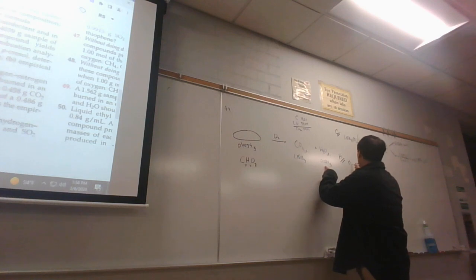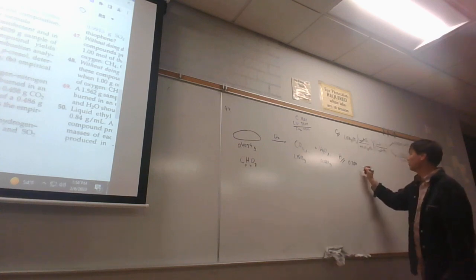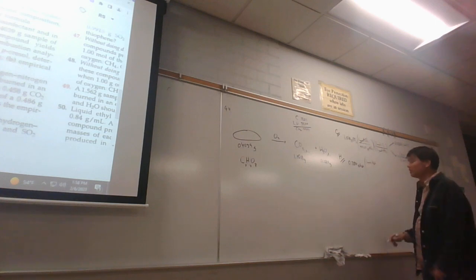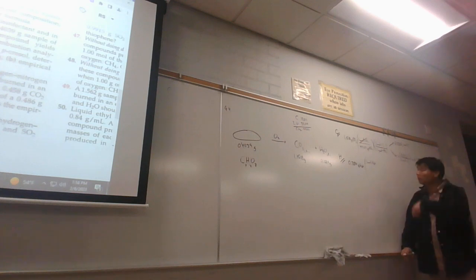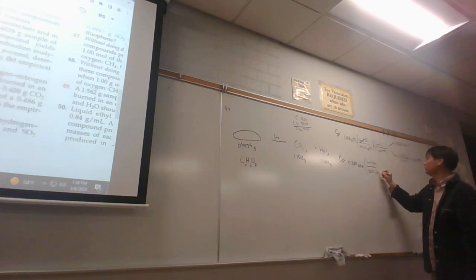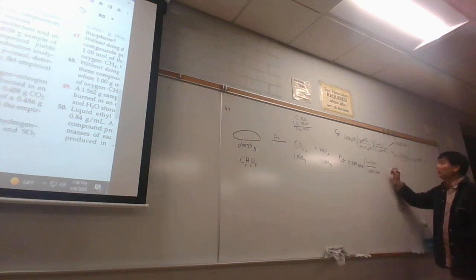Okay, I'm going to do pretty much the same thing with the water. I have 0.2694 grams of water. And then 1 mole of water: hydrogen's 2 hydrogens, 2 plus 16 is 18, so this is going to be 18.02 grams per mole. For water, we have 2 moles of hydrogen for every 1 mole of water.